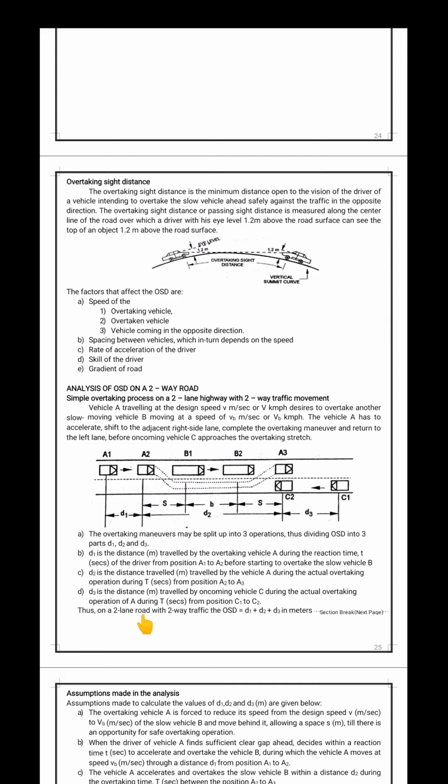This is the process. A and B are moving; A with a speed of V kilometers per hour or meters per second, and vehicle B with a little less speed, VB kilometers per hour or meters per second.